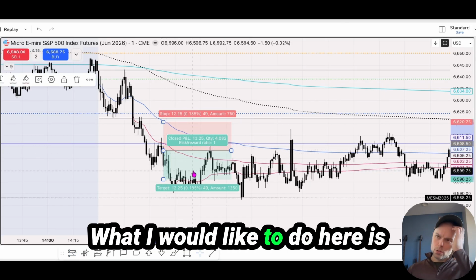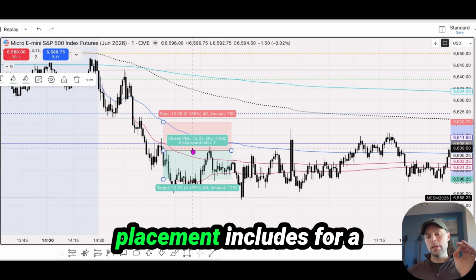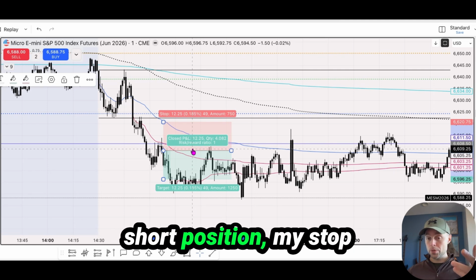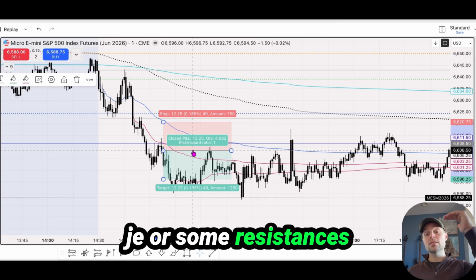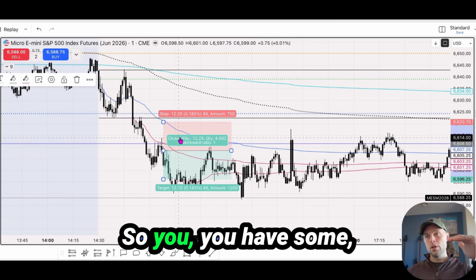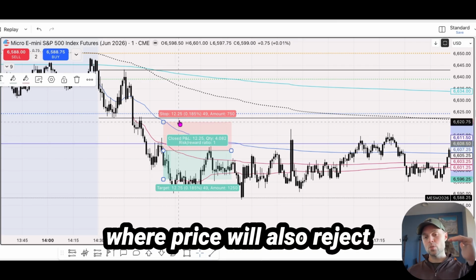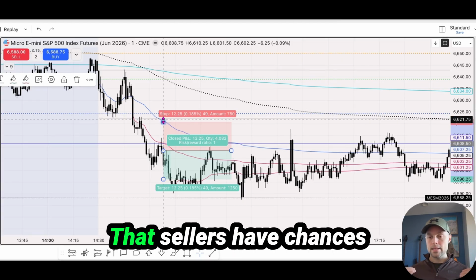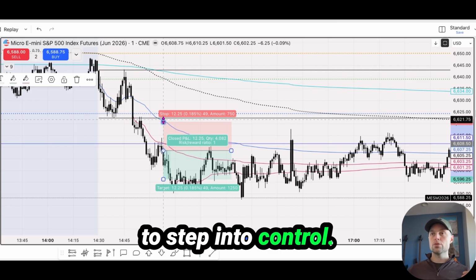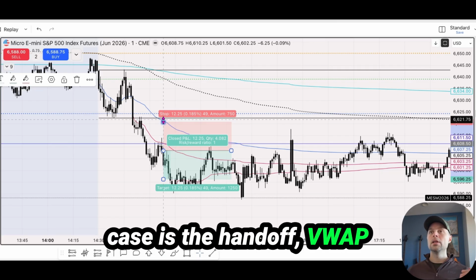What I would like to do here is I always want to be mindful that for a short position, my stop placement should include some resistances inside of it, right? So you have some levels of resistance where price will also reject and come back down. That leaves you with more certainty that sellers have chances to step into control, even if the first line of defense, which in this case is the handoff VWAP, breaks.